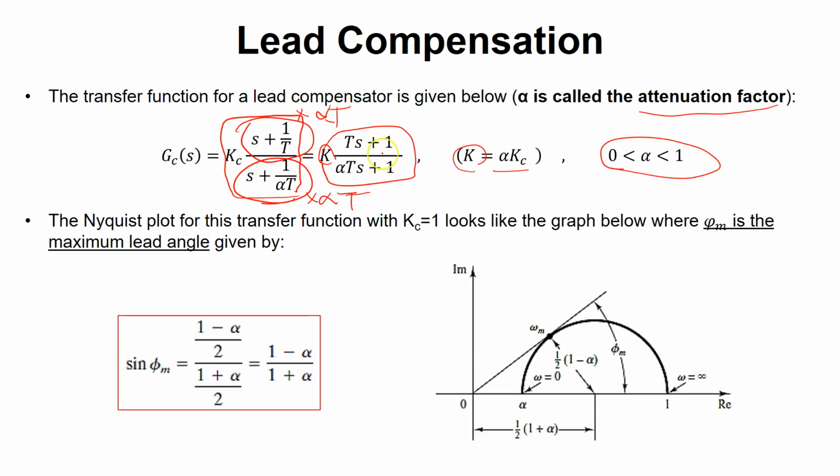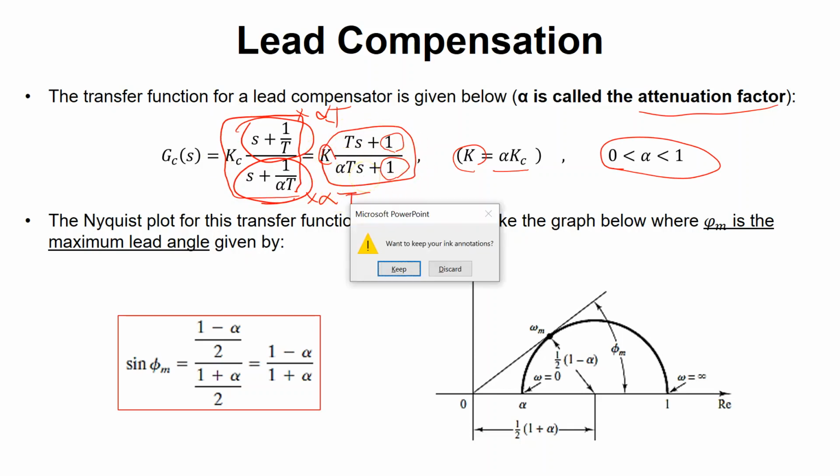And why should we write it this way? Let's see if you remember. Why, instead of what we did in the previous chapter, do we write it like this? Yes, you're right. Because I told you, whenever we want to do Bode plots, we always make sure that the constant term in numerator and denominator is equal to 1. So instead of the initial form, I use this second form.